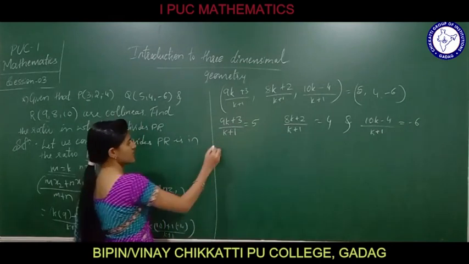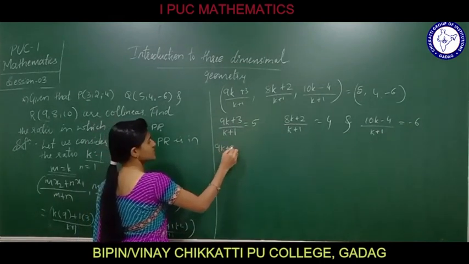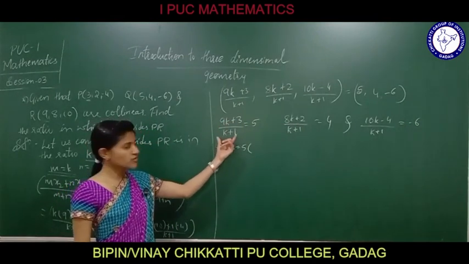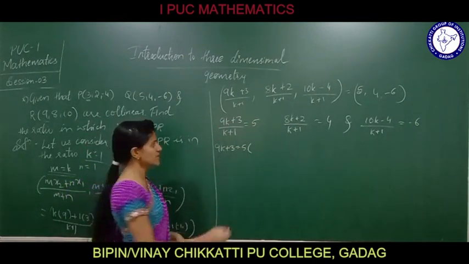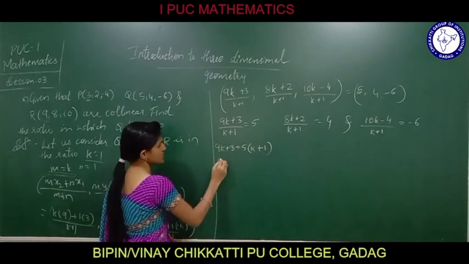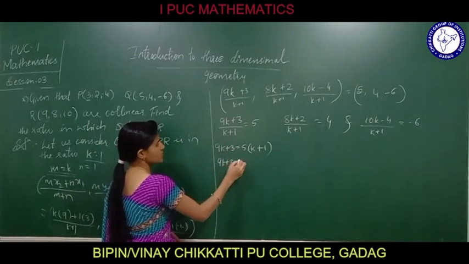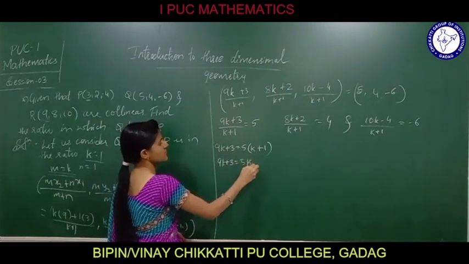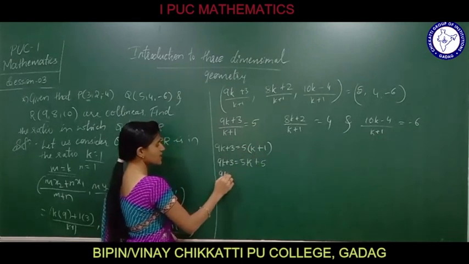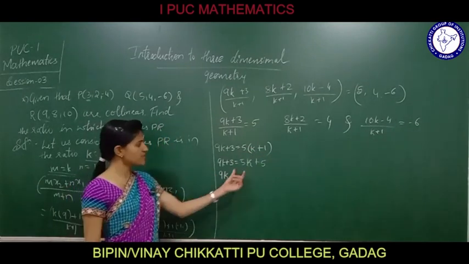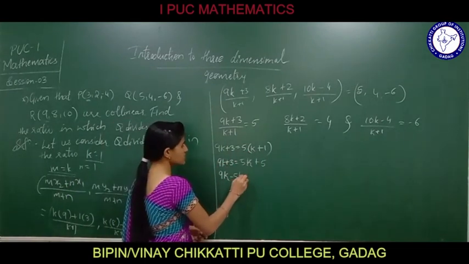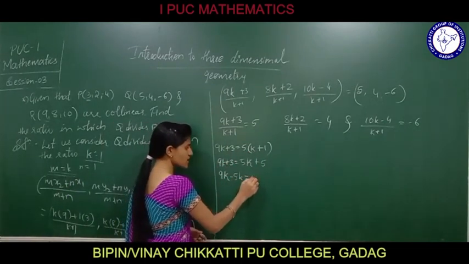Now go on simplifying. 9k + 3 equals 5 into (k + 1), because if it is on the division side and comes to the right hand side, it becomes multiplication. Simplified, 9k + 3 equals 5k + 5. I'll write down 9k as it is, shift the plus 5k to the left hand side, which becomes minus 5k, and keep the 5 here.